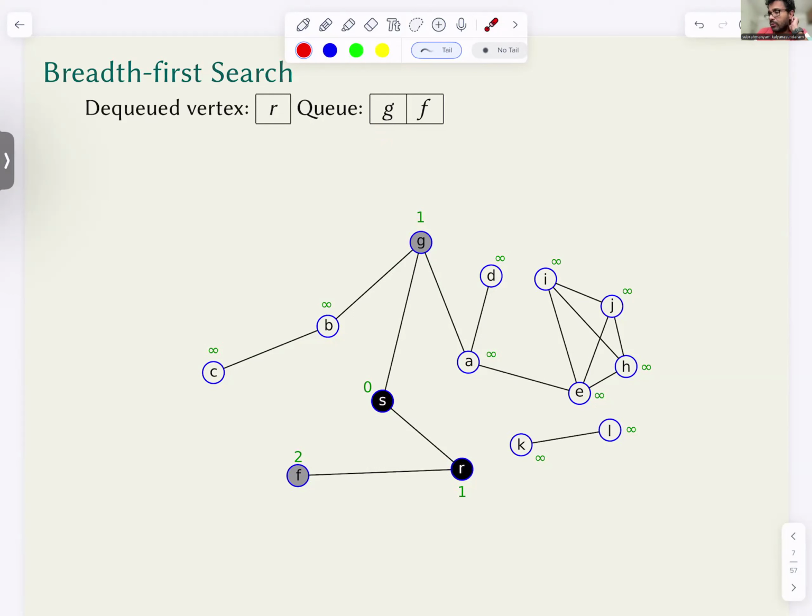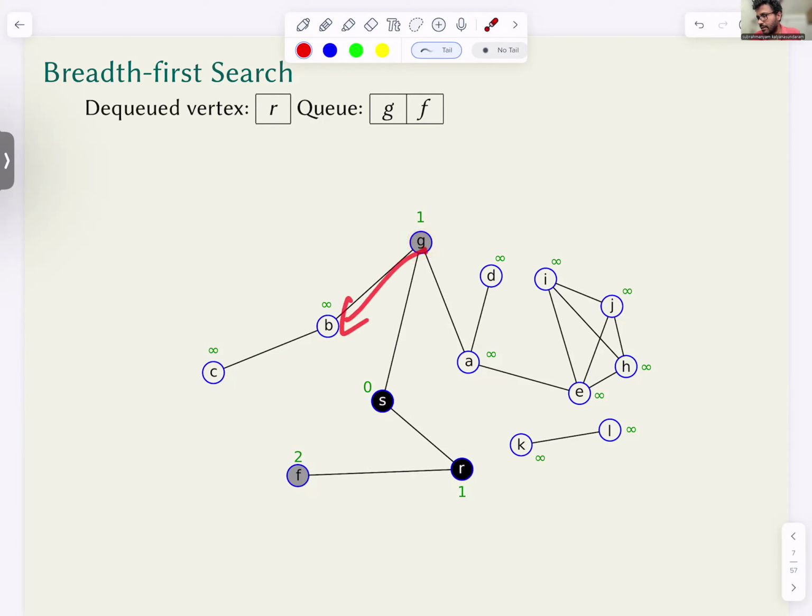When G is dequeued, what will be the vertices that get into the queue? B and A. And what would be the D values for B and A? 3? No, it will be 2, because you look at which vertex is causing their inclusion.